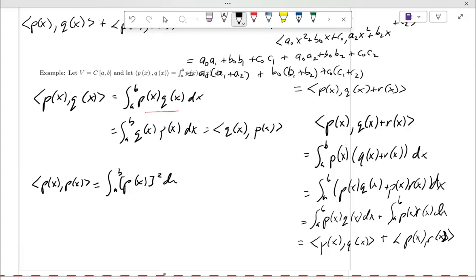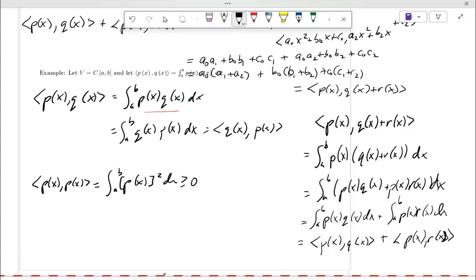No, because the function is continuous, and when I square it, it's non-negative. So it has to be greater than or equal to 0 by our properties of integrals again.